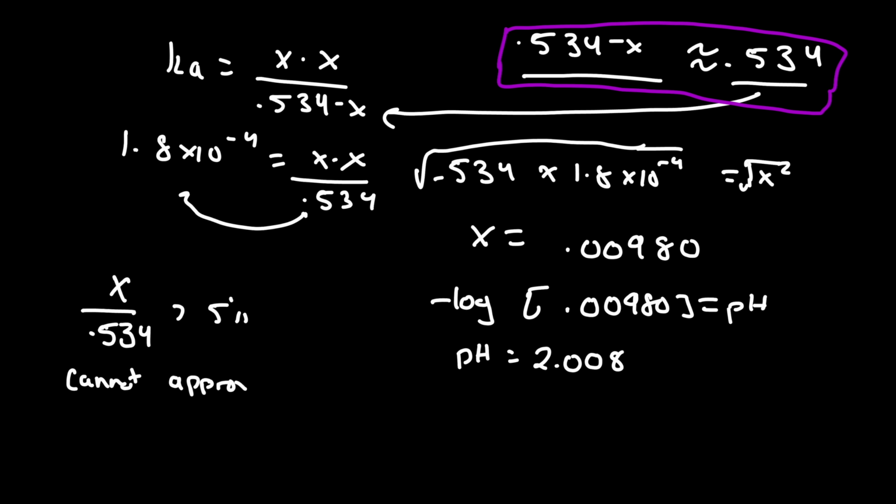But as long as x over 0.534 is less than 5%, it's okay to approximate. So let's apply it here.